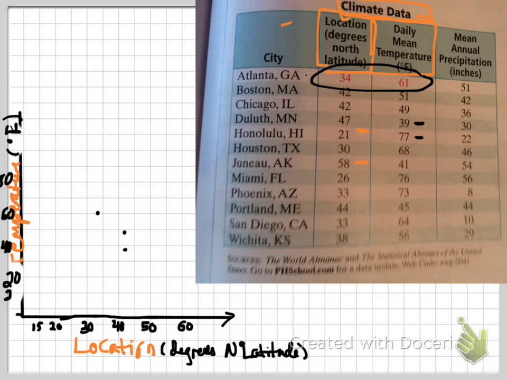Then we have 47 degrees north latitude at 37 or 47, 39. Boston was 51. Okay. Hawaii is 21 degrees north latitude and 77 degrees. Houston, Texas is 30, 68.